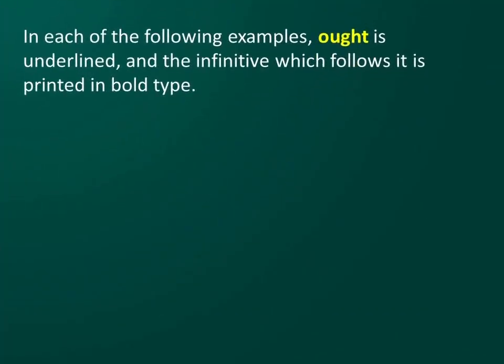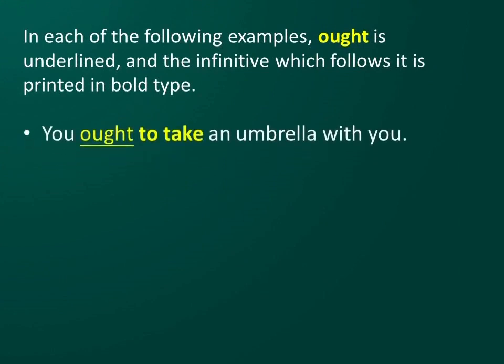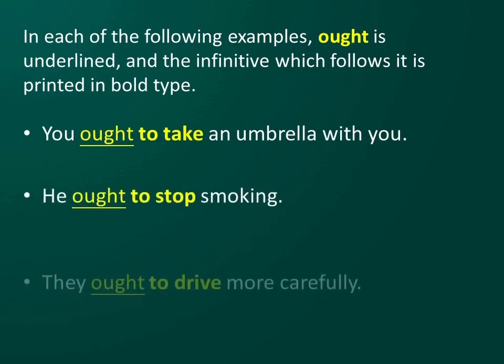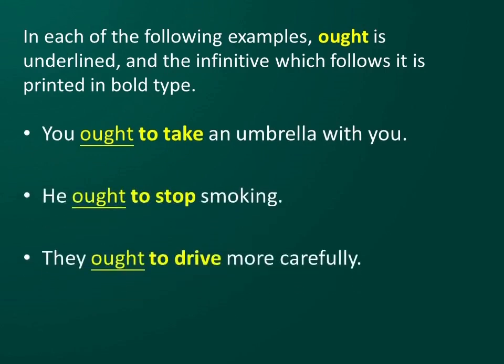In each of the following examples, ought is underlined, and the infinitive which follows it is printed in bold type. You ought to take an umbrella with you. He ought to stop smoking. They ought to drive more carefully.